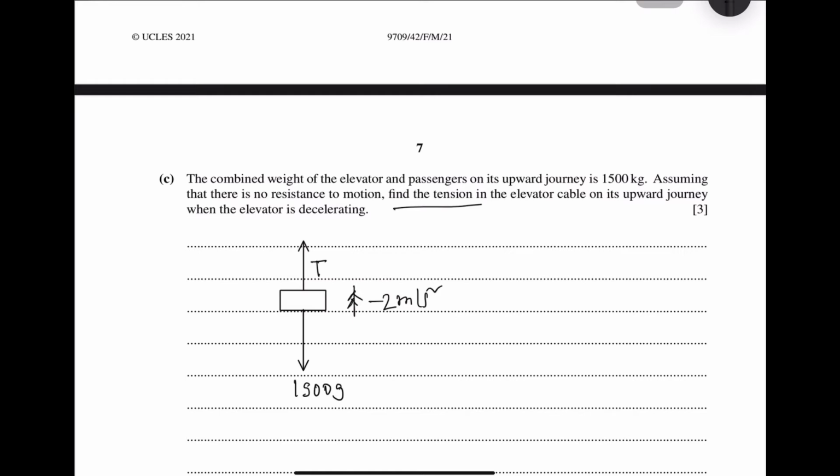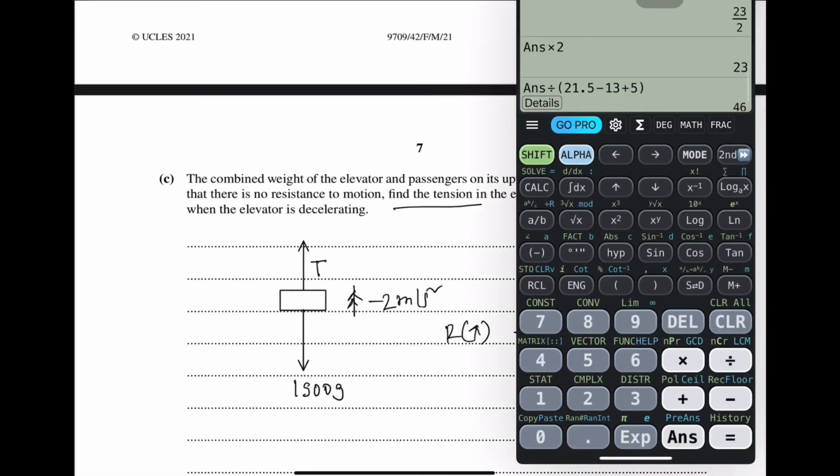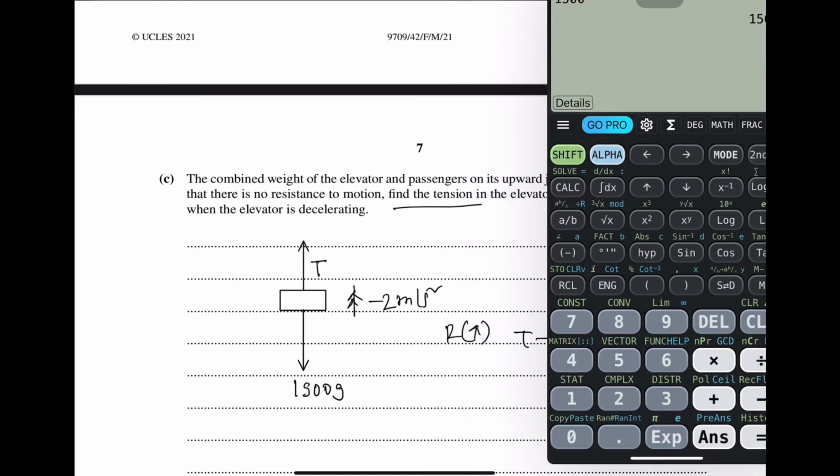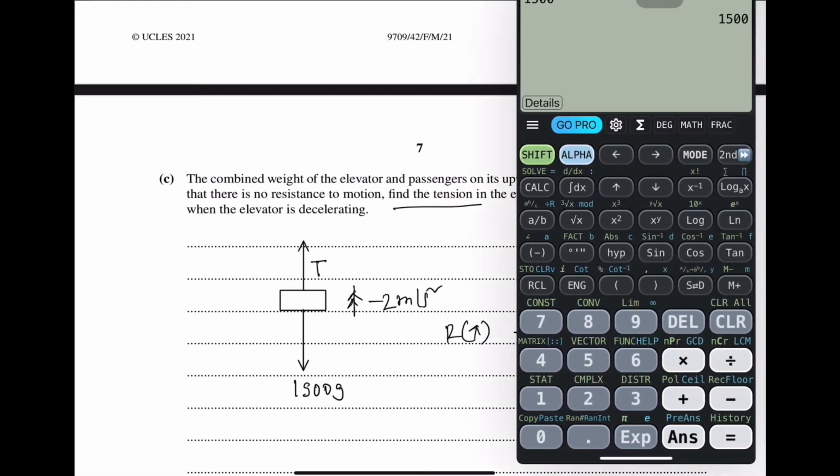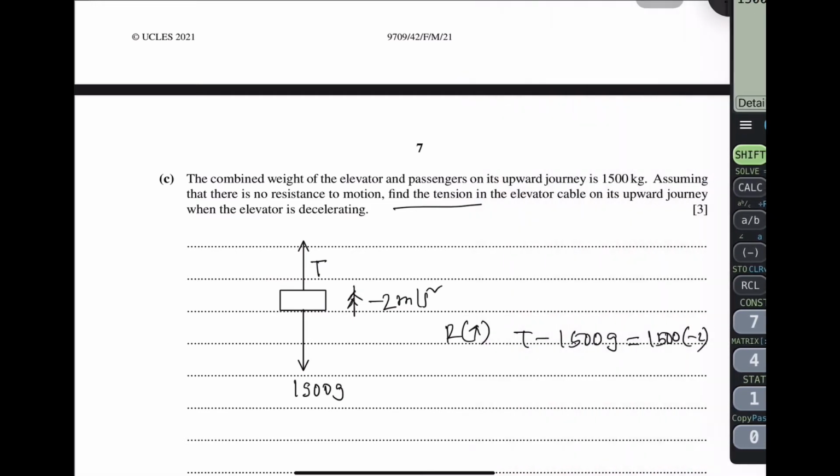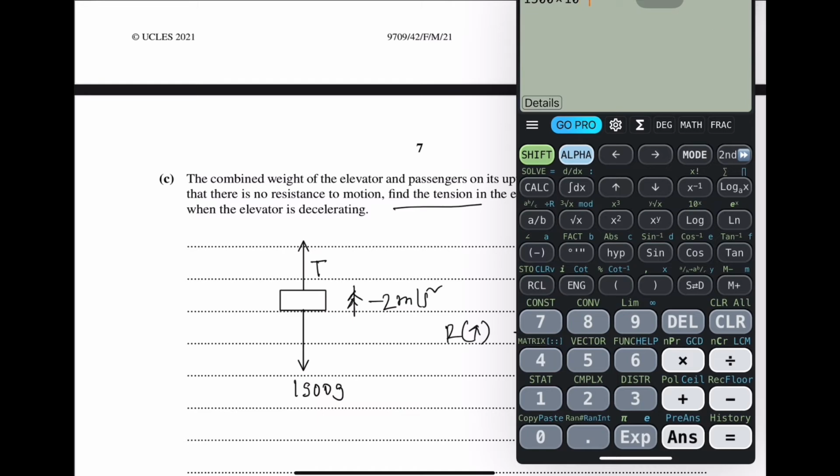So resolving in the upward direction: T minus 1500g equals 1500 into minus 2. T equals 1500 into 10 minus 1500 into 2.